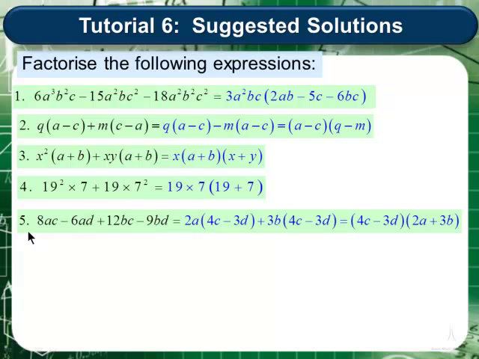In problem number 5, we're given 4 terms, and that is already an indication that we're looking towards grouping, utilizing the grouping technique for factorization in this case. And we note that the ratio of the numerical coefficients of the first and the second term will be 8 to minus 6.